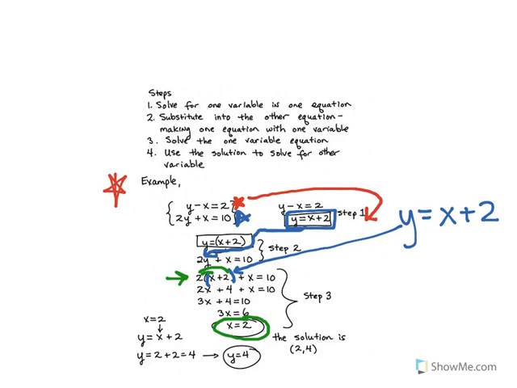You're going to take that x and plug it into one of your original equations, which they use the easier equation, y minus x equals 2, and you plug that in to solve for y. So we still get a solution as a coordinate whenever we do substitution. This is just another method to solve.